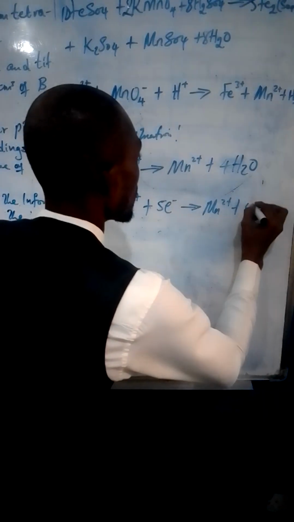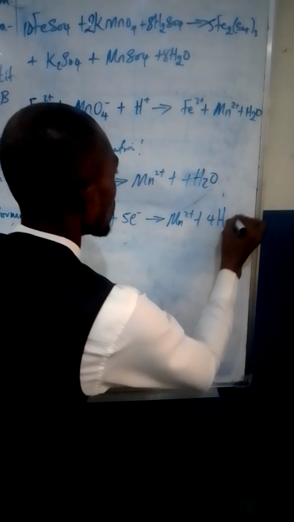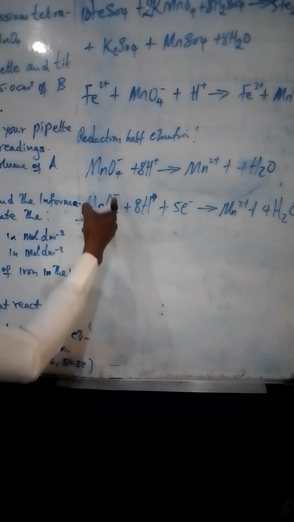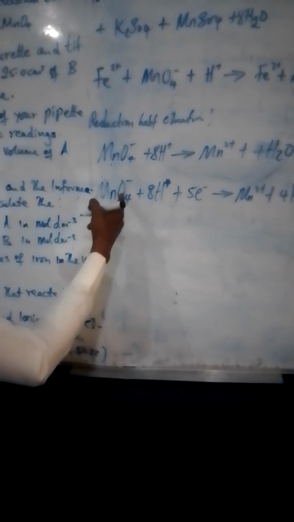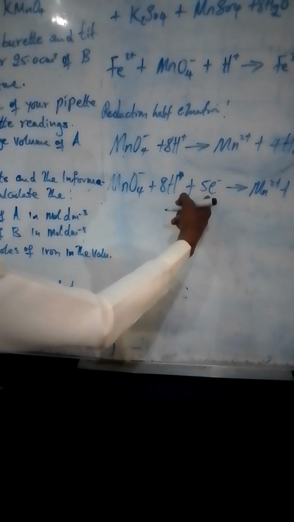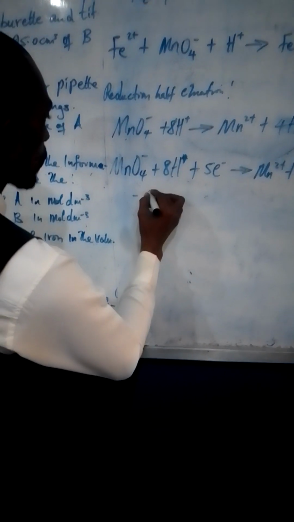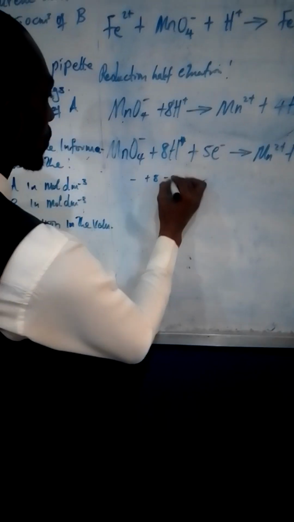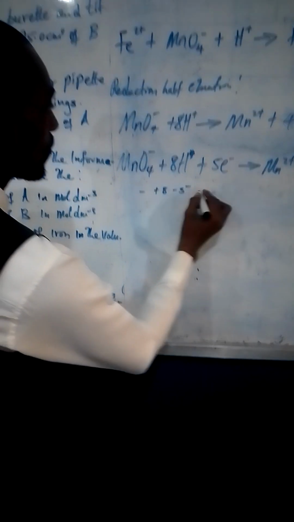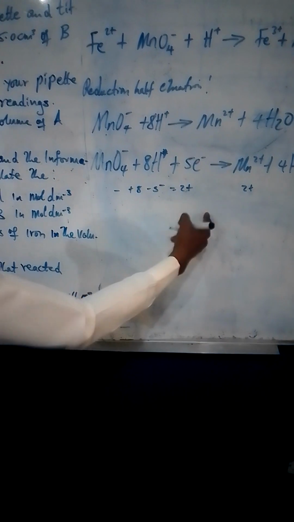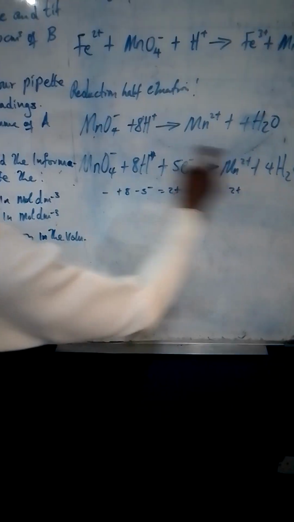So we have 5 electrons. Here we have 8 minus 1 minus 5, which is going to give you plus 2. Here we have plus 2, here we have plus 2. The charge is balanced. This half equation is balanced.